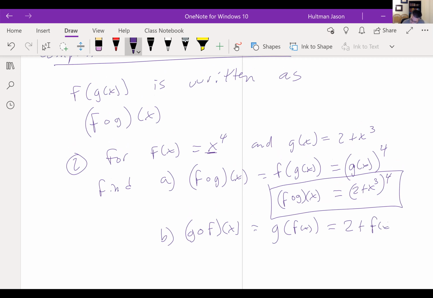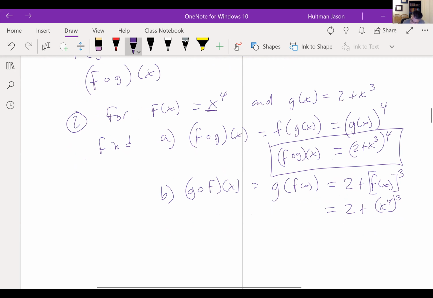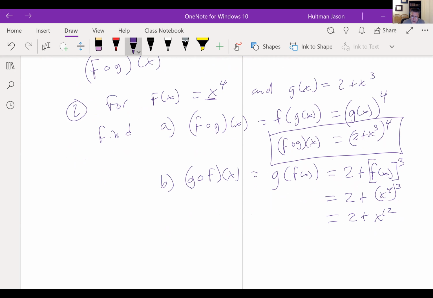So f of x cubed. But what is f of x? It's x to the 4th. So this is 2 plus x to the 4th cubed. And raising a power to a power is x to the 12th. So that is g of f of x.